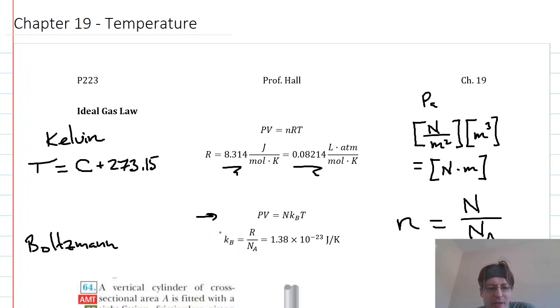Boltzmann's constant here, K sub B, is just the gas constant divided by Avogadro's number, which is this tiny little number, like 10 to the minus 23rd. So this is the physicist version of it. We'll sometimes write the gas law this way, whatever's more convenient. If you have a number of moles, use the chemist's version. If you have the number of particles directly, then we'll use that version.